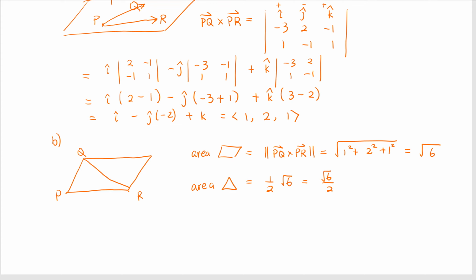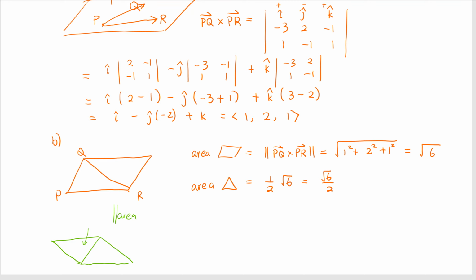So if you use QR and PR, they will give you this parallelogram, but actually they have the same area, right? You simply cut it this way, and then you put this piece here, or you reflect it here. So far so good, so they will have the same area. So feel free to use the cross product of any other two sides of the triangle PQR.